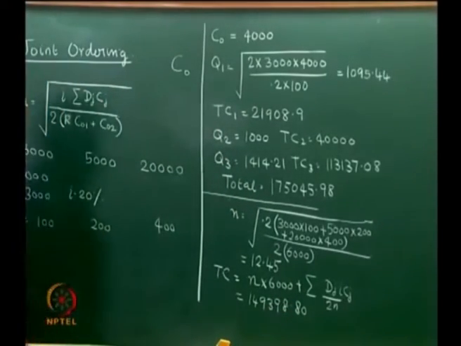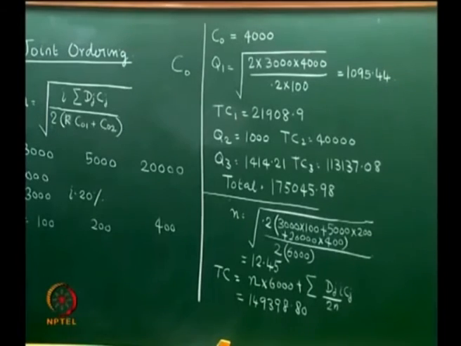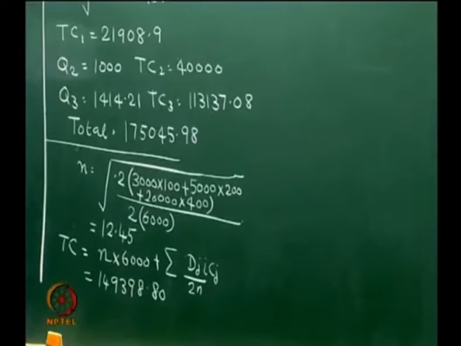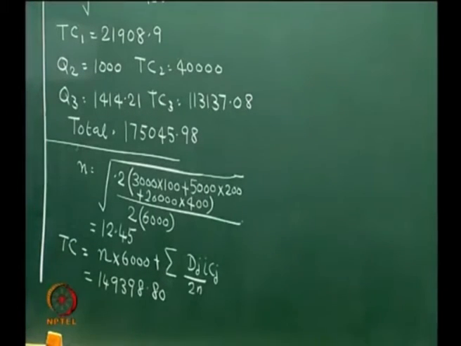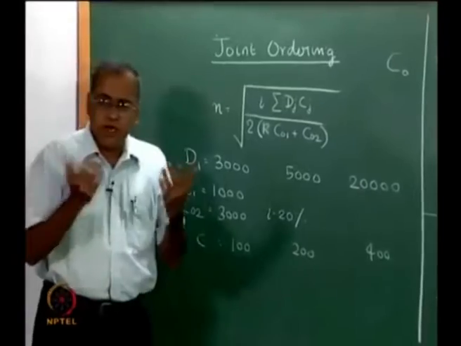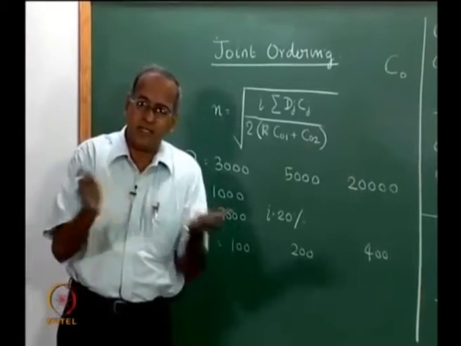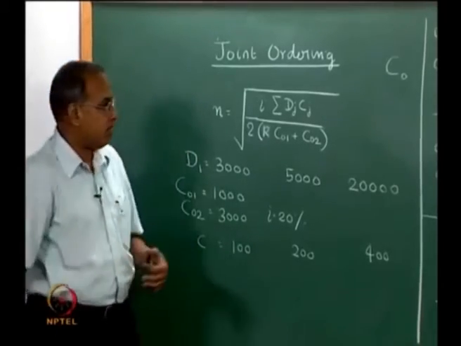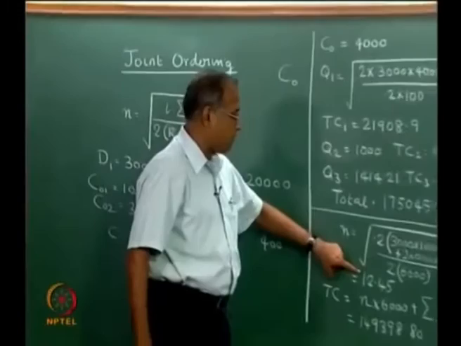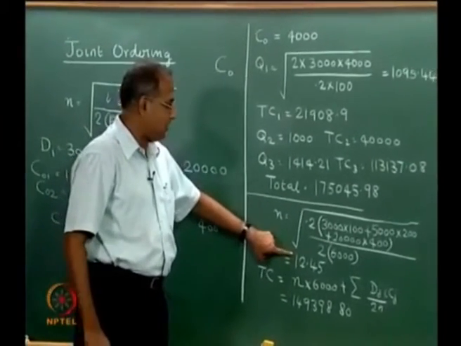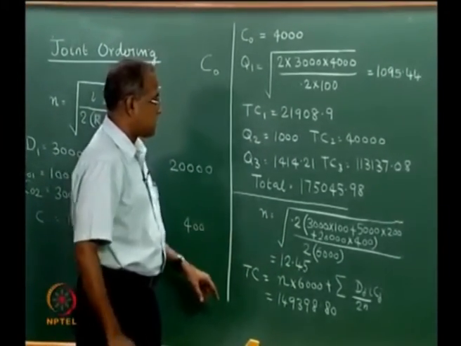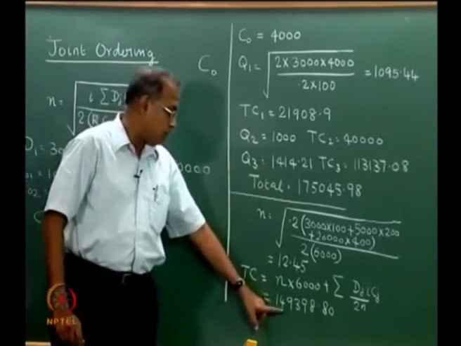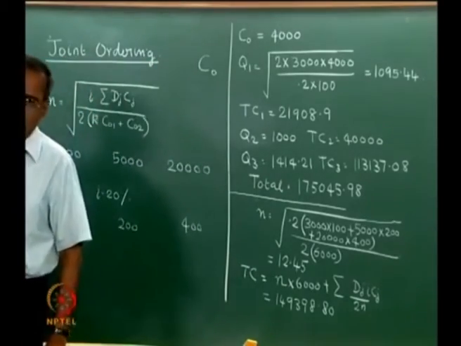So, this example tells us that if we are incurring 1000 rupees on the admin cost of ordering each item and there is a truck cost of 3000, and by joining the orders and by making sure that all 3 items have the same number of orders per year, now we have 12.45 orders for each of them, and then we realize that the total cost has actually come down from 175045 to 149398.8.